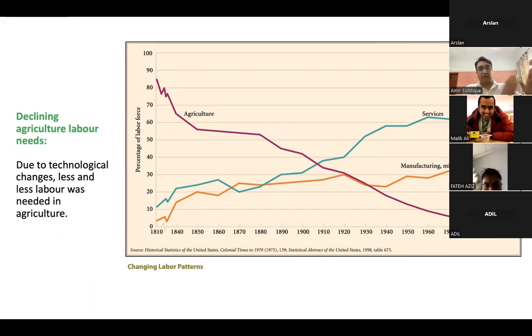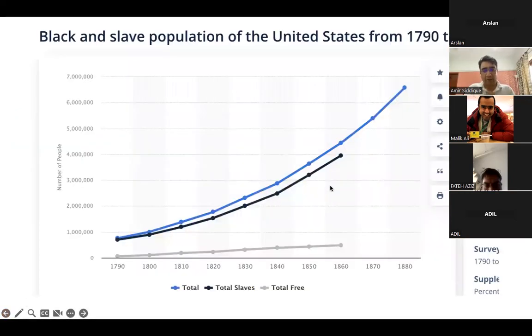So back then, when slavery was happening, agricultural labor was very, very important for the economy, right? So one can say that America used the slave labor. As you can see in the last slide, in 1860, there were about 4 million, 40 lakh African Americans doing labor in the United States, primarily in agriculture.